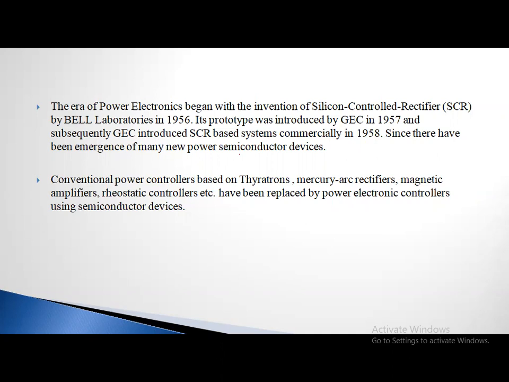Reliability, okay. The size of power semiconductor devices is very small. By using power semiconductor devices, we can make one module, and this kit size will be very small, and we can shift it from one place to another, because the circuit size is small. We can use it anywhere and transport it anywhere.